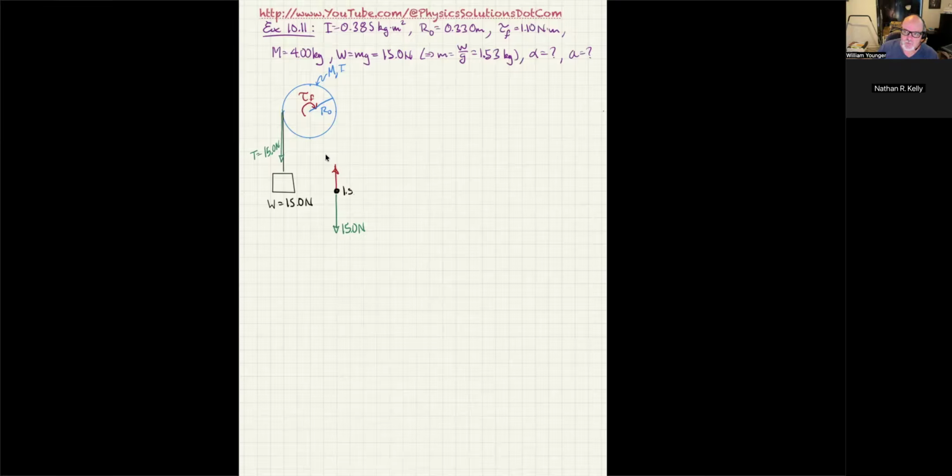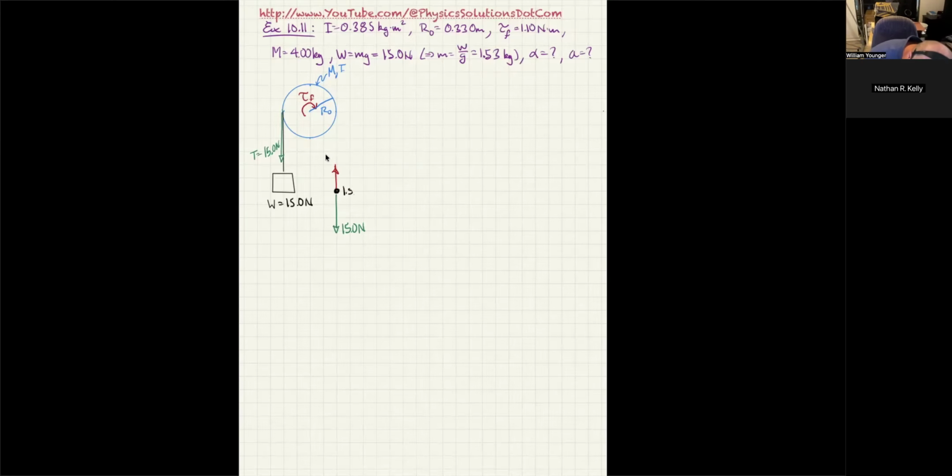So V equals R times omega works as well, and you could do the same thing for A equals R times alpha. That's what all this not slipping and not stretching does. It just tells us that we can use that series of equations: S equals R times theta, V equals R omega, and A equals R times alpha.